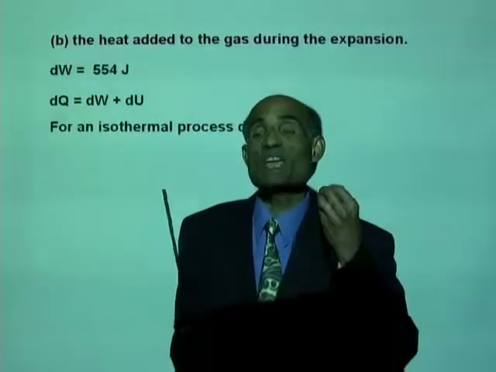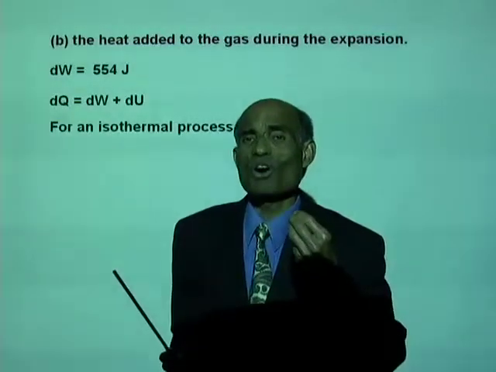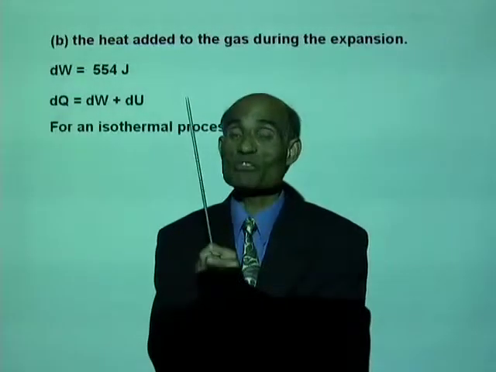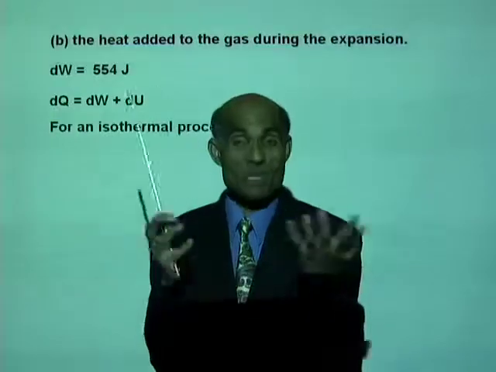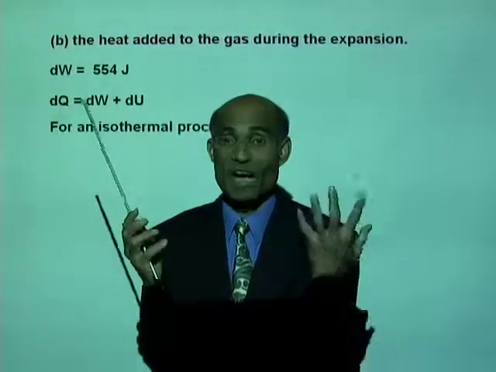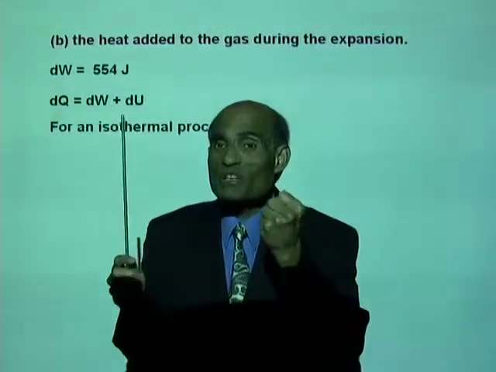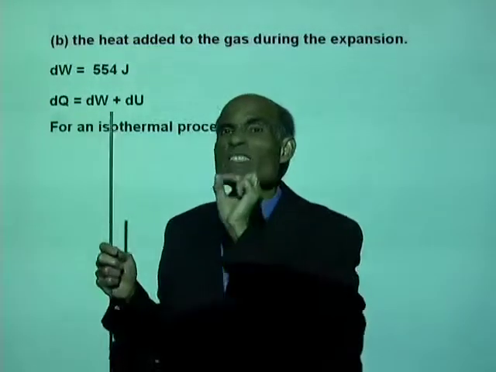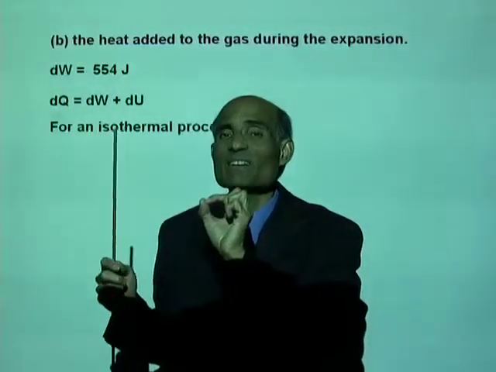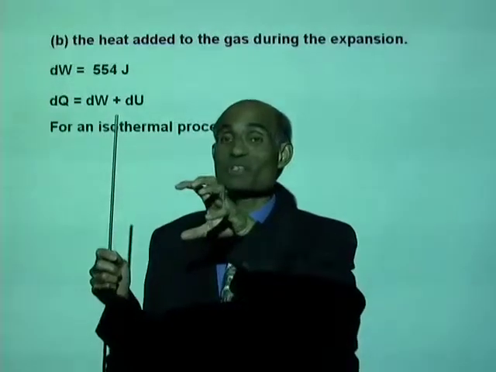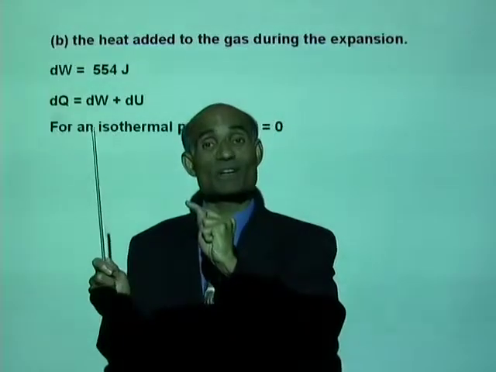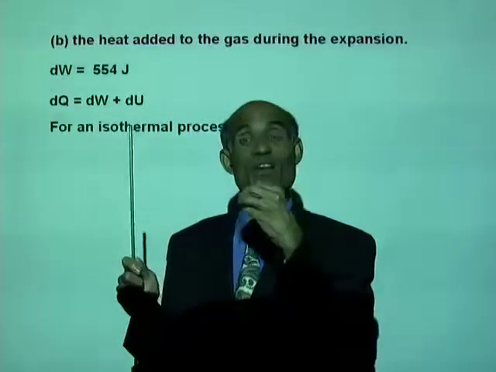What is the change in internal energy for an isothermal process? In an isothermal process the temperature remains a constant. And internal energy is given by 3 over 2 nRT, where T is the change in temperature. Since there is no change in temperature, there is no internal energy change.